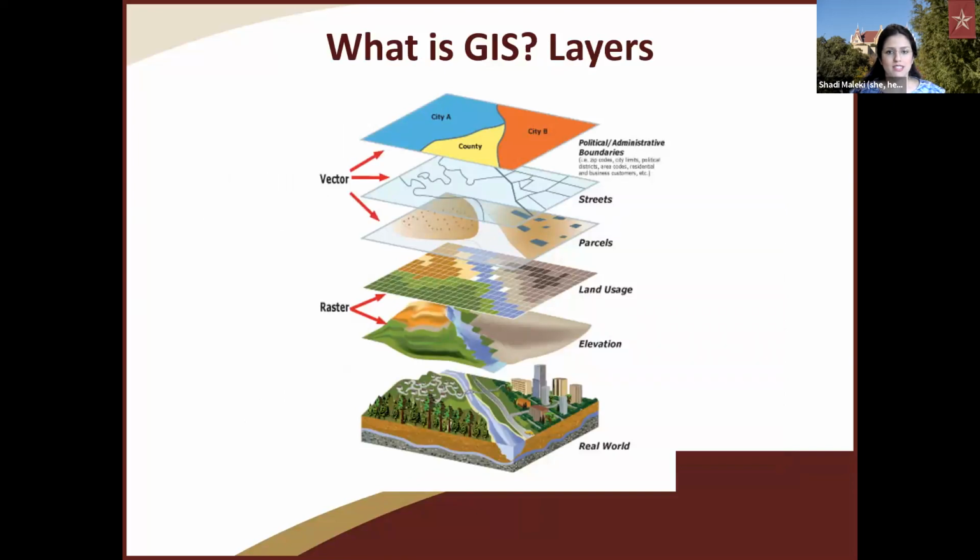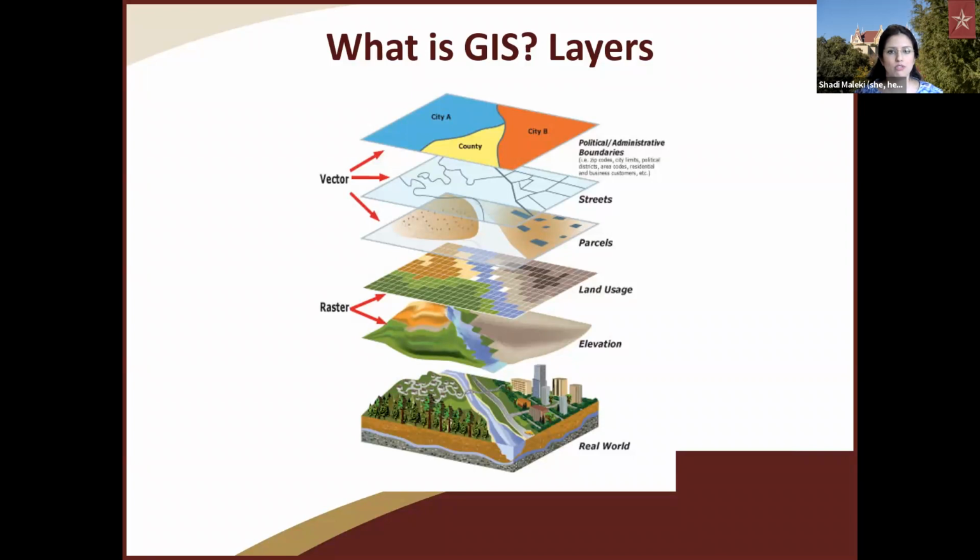So how do we use these layers in a GIS? Practically in a GIS project, as I said, you may have some vector data, some raster data. Sometimes you need to convert these two, vector to raster, raster to vector. But at the end, what you do is overlaying. Most of the job is usually you have a study area and you have these different layers.